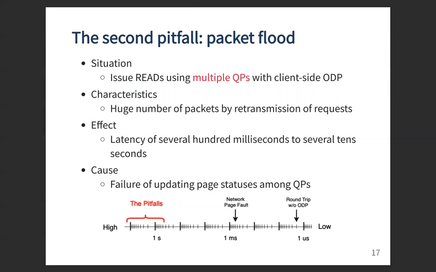The characteristic of this pitfall is the occurrence of a huge number of packets caused by retransmission of packets. We found that this leads to a super long latency of several hundred milliseconds to several 10 seconds. And we also identified that the root cause of this pitfall is the failure of updating page statuses.